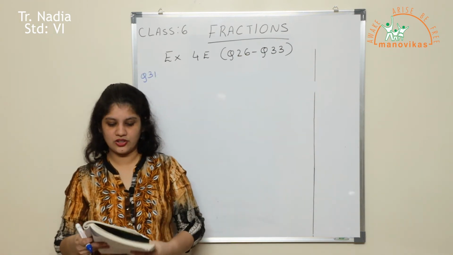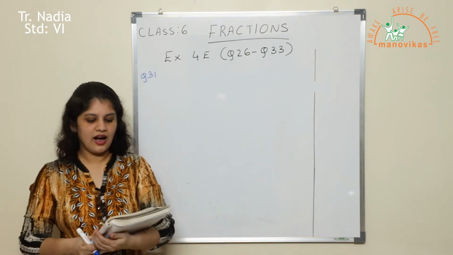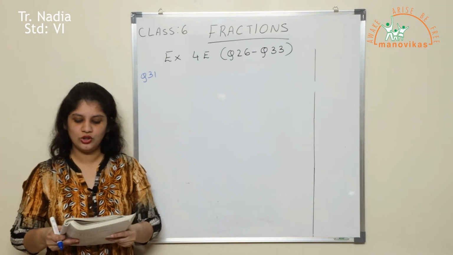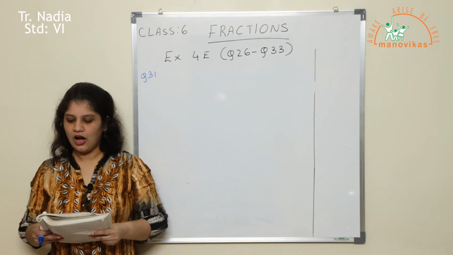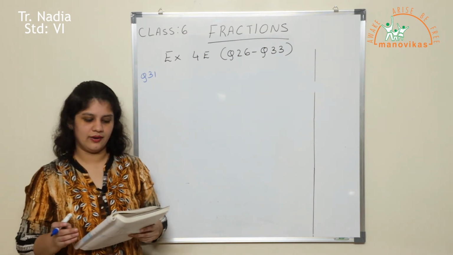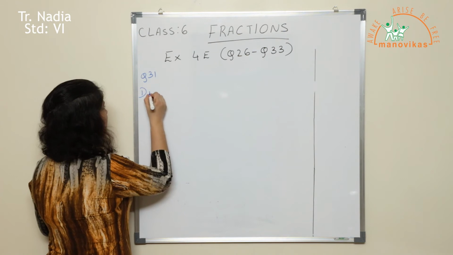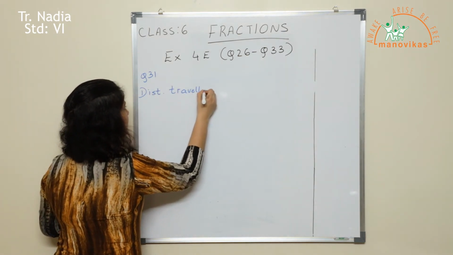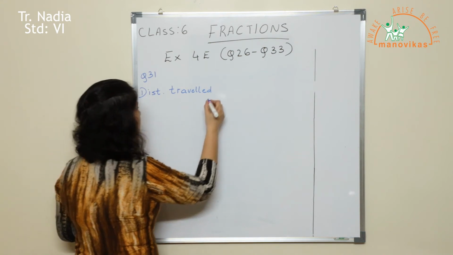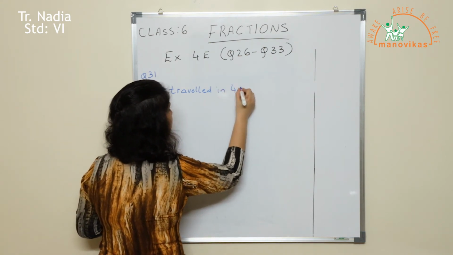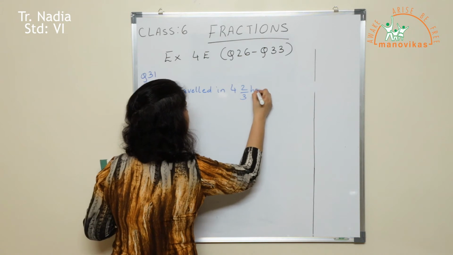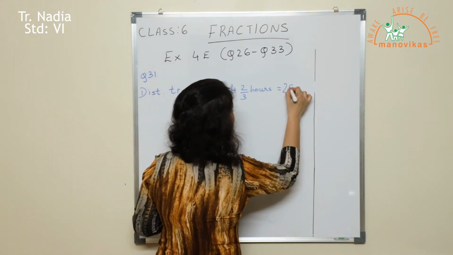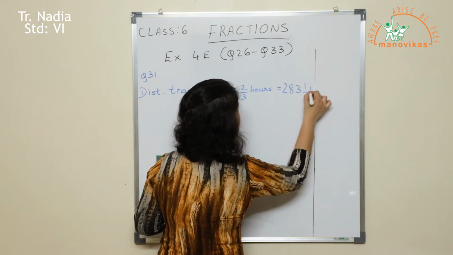Okay, let's go to question number 31. A car travels 283.5 km in 4 2/3 hours. How far does it go in 1 hour? Now this is simple. Distance travelled in 4 2/3 hours is equal to 283.5 km.